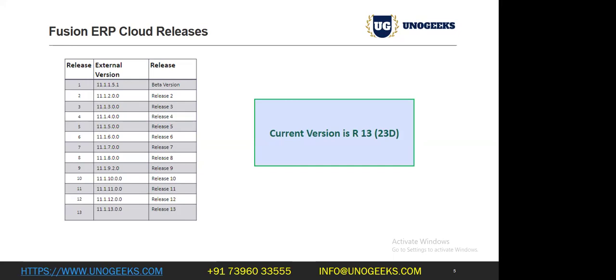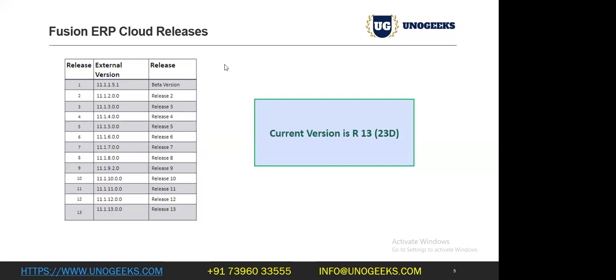Every year, 23A, 23B, 23C, 23D. In the same way, four versions are released every year, one per quarter, following the naming convention. This year, 24A, 24B, 24C, and 24D. Currently, we are in 24A.